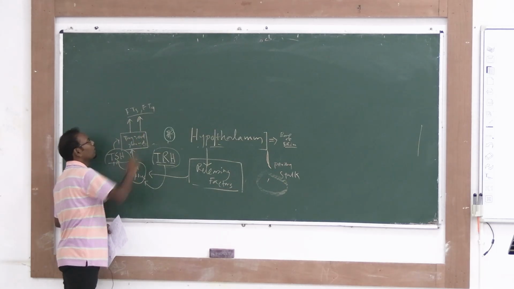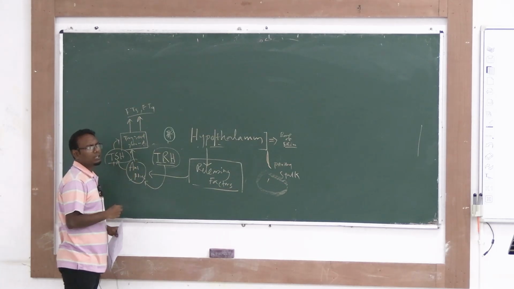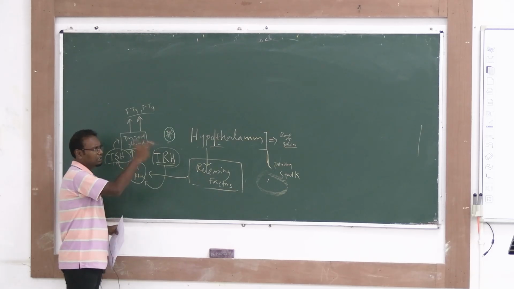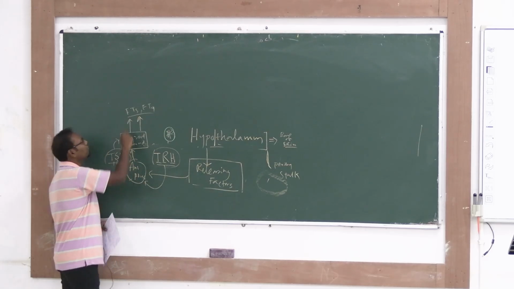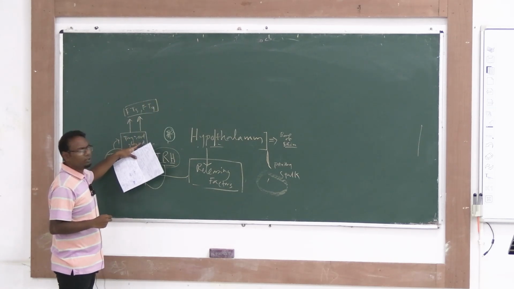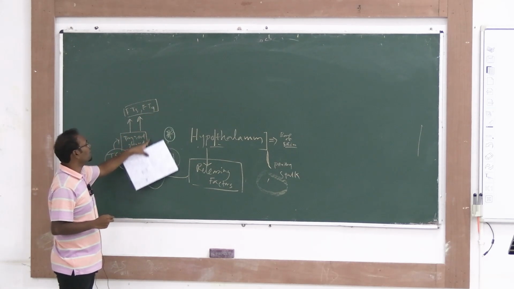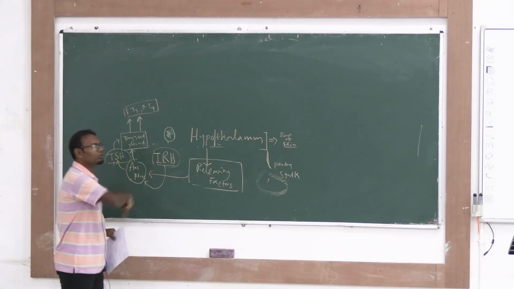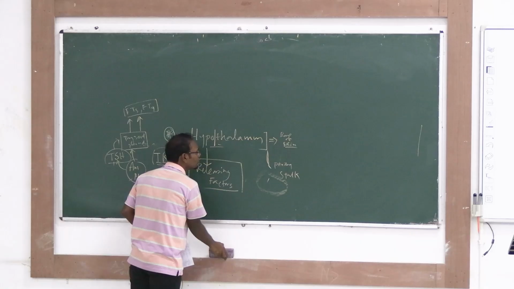One Monday, HOD sir will discuss the most important thing, pancreatic hormones; all the other things I will teach. FT3 and FT4 come from the thyroid gland, which is your target gland, and they are the peripheral hormones, the end products. That is the basic pathway.